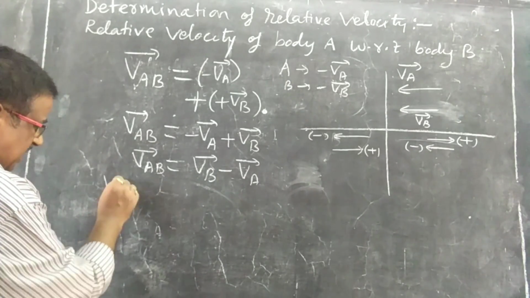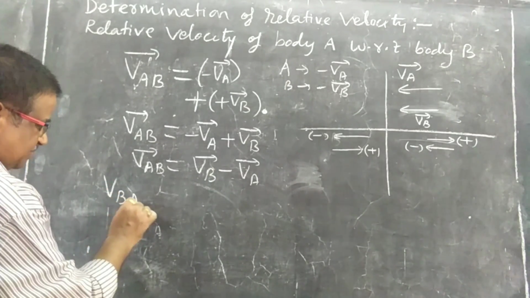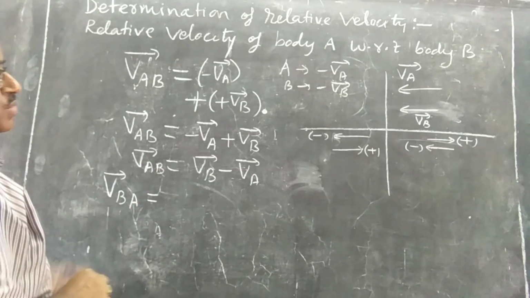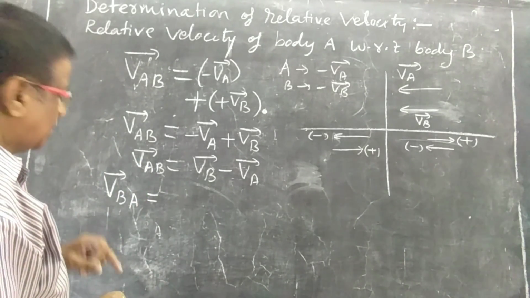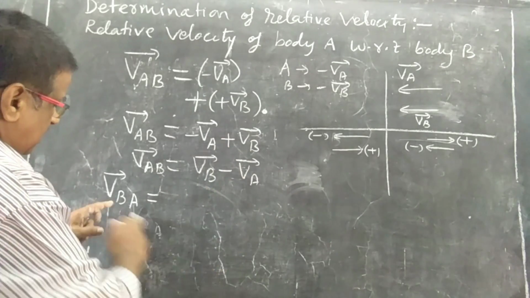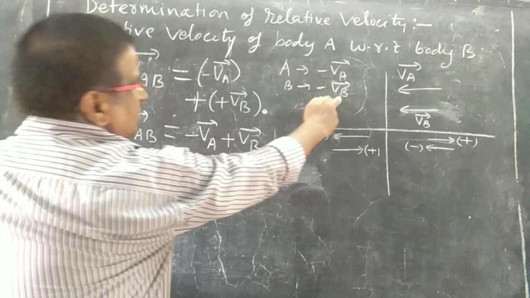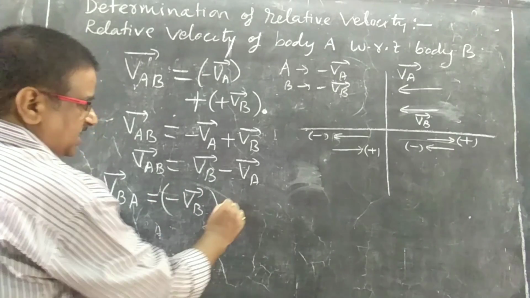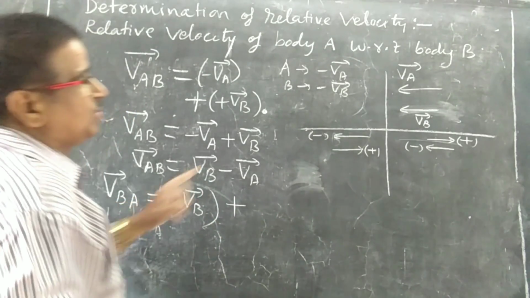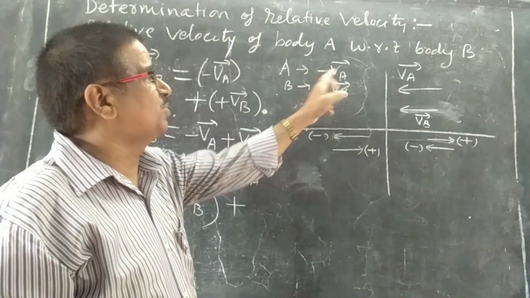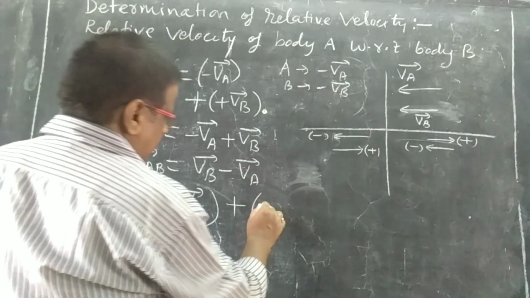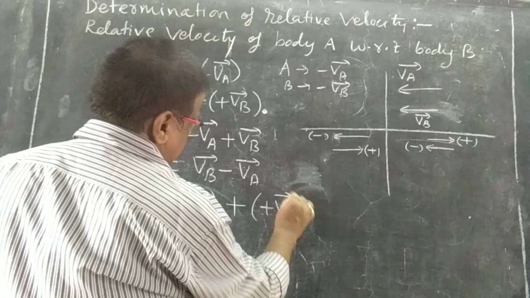Now we are going to calculate the relative velocity of B with respect to A. So what will we do? Minus VB, it will be placed as it is, plus we have to make it 0. For this we have to add plus VA. So here plus VA.